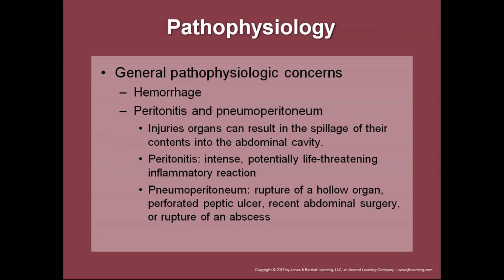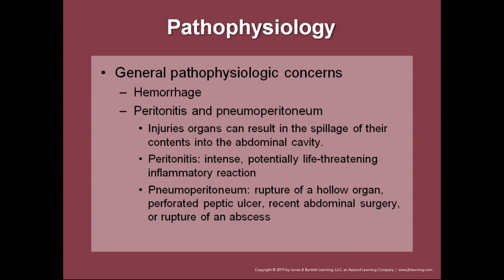Pathophysiology. General pathophysiological concerns are hemorrhage, peritonitis, and pneumoperitoneum. Injuries to hollow and solid organs can result in the spillage of their contents into the abdominal cavity, which would be bad. It's going to make people very sick. Irritation of the nerve endings occurs.